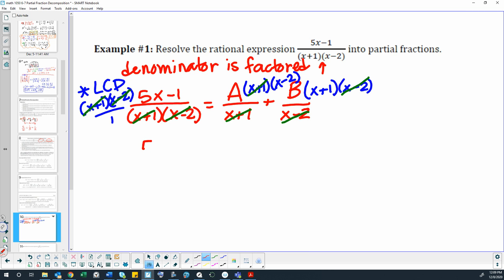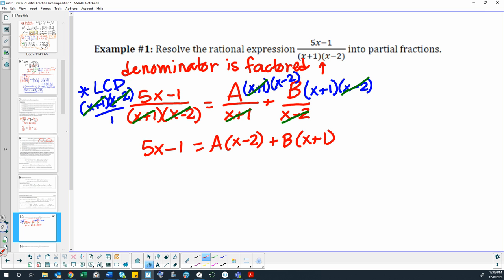We should have 5x minus 1 left over here with no denominator because it canceled out when we multiplied by the least common denominator. We should have A times x minus 2 because the x plus 1 canceled out. And then we should have B times x plus 1 because the x minus 2 canceled out. Our fractions are gone. We've gotten rid of those. We've just got these variables now to solve for, right?